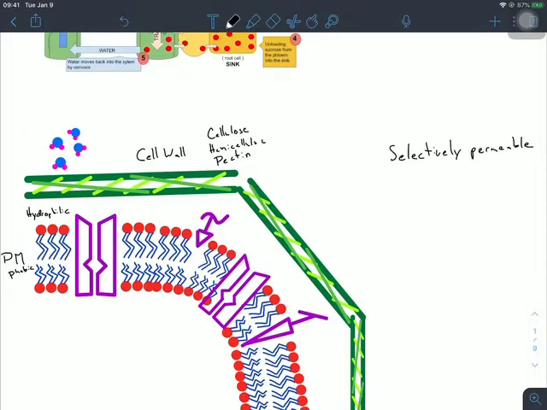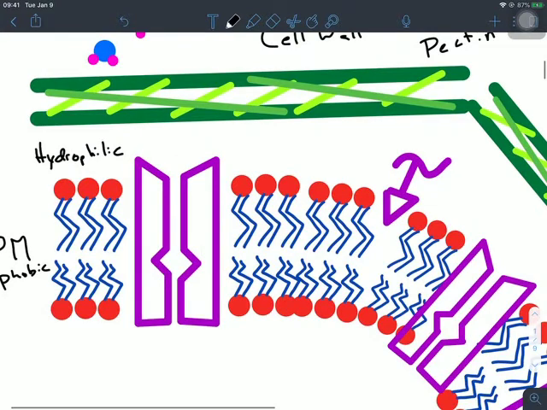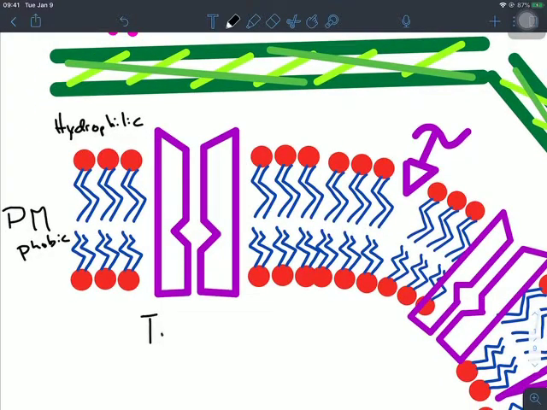Now, as other components of the plasma membrane, beyond just the lipids that provide that hydrophilic, hydrophobic barrier, we have some transport proteins. Like this purple protein here.